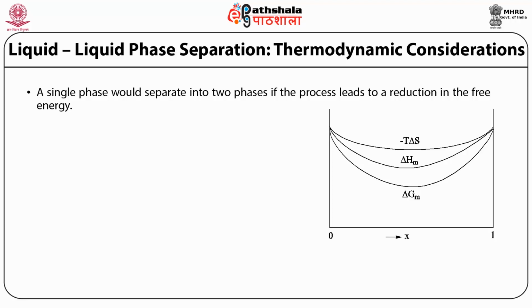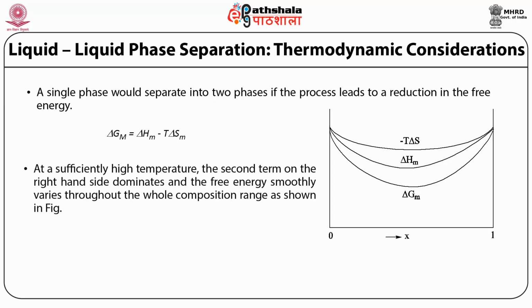The free energy of mixing of two phases can be written as delta Gm equals delta Hm minus T delta Sm, where G is the Gibbs free energy, H is the enthalpy, and S is the entropy. So students, you can see on the right hand side the figure showing the free energy versus composition at high temperature where the system exists as a single phase.